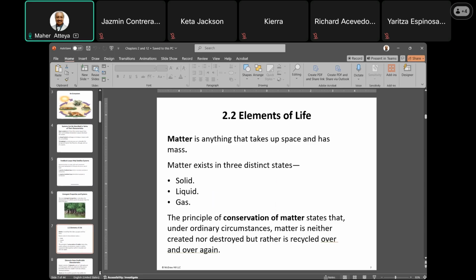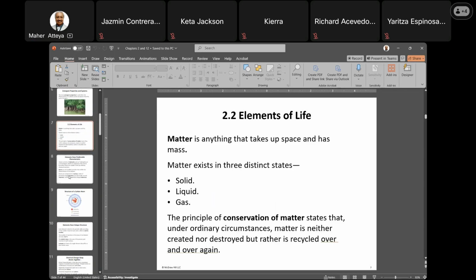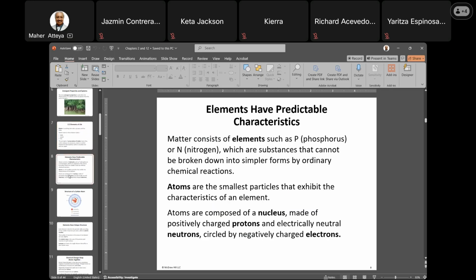Elements have predictable characteristics. Yes, matter is made of pure substances. Pure substances such as H2O have fixed composition.